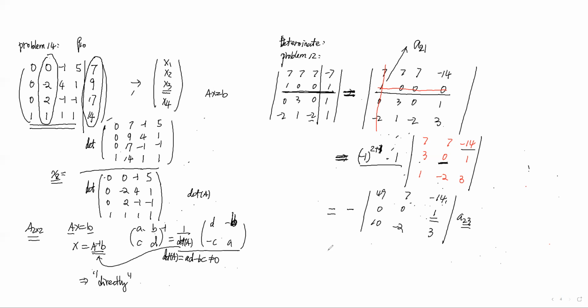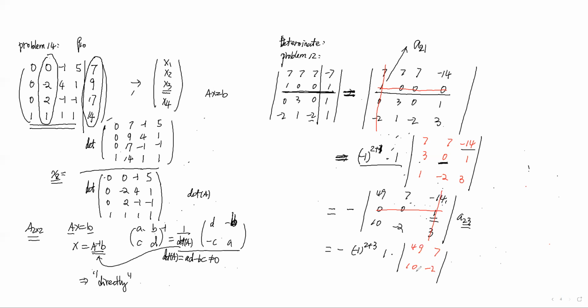For A23, you keep this negative, you get -2 plus 3 and 1 and multiply by. So now you kill the second column and second row and third column. So you get this, and then you get an answer directly.